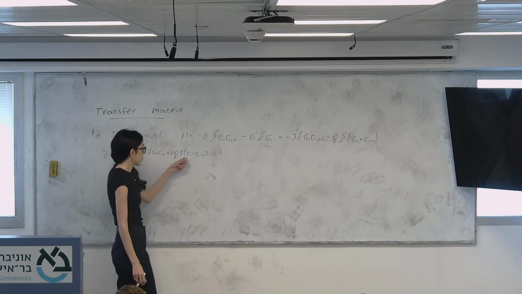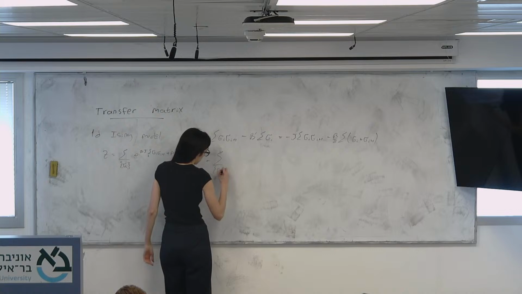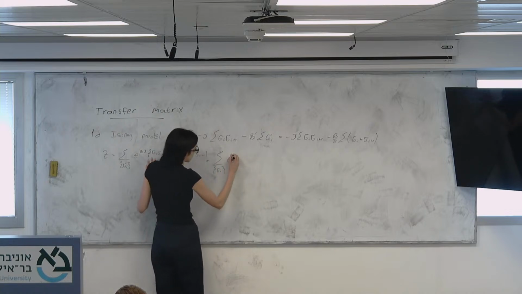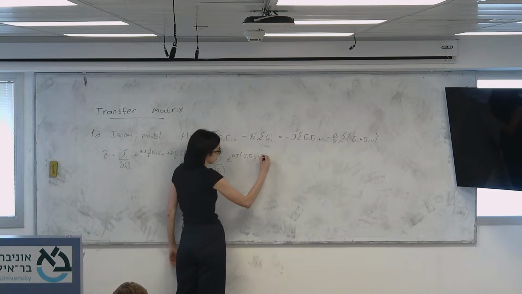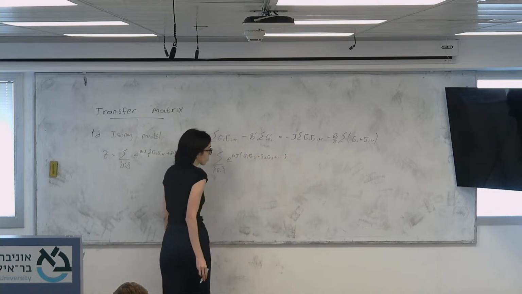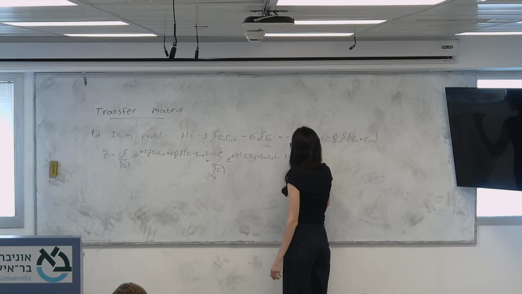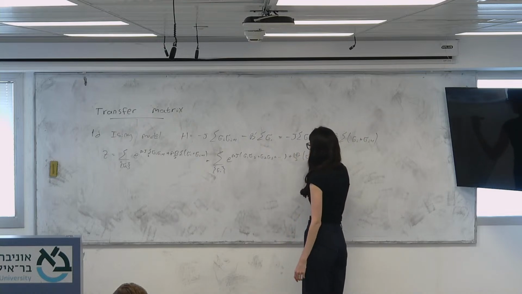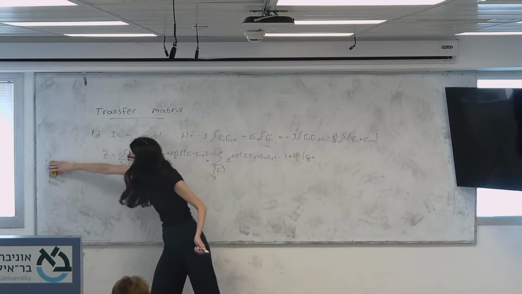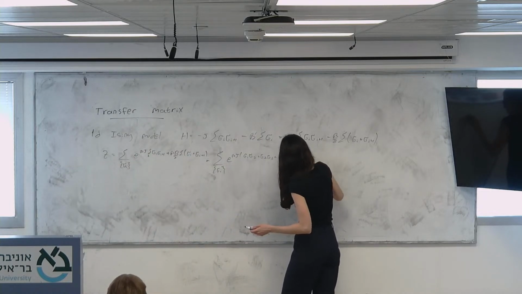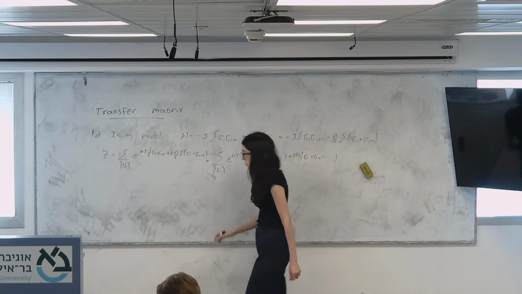If we open the summation over i, from the interaction term we're going to have sigma 1 sigma 2 plus sigma 2 sigma 3, etc., plus the magnetic field with sigma 1 plus sigma 2 over 2, and so on.